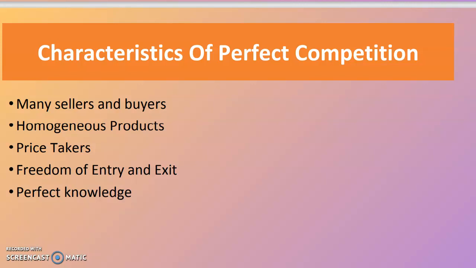The fourth one is the freedom of entry and exit of the market. Since there's no restriction on the entry of new firms to the industry or the exit from the industry, there will be no barriers to entry or exit in this market.